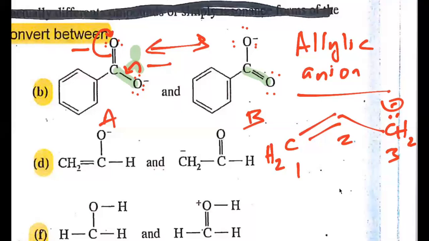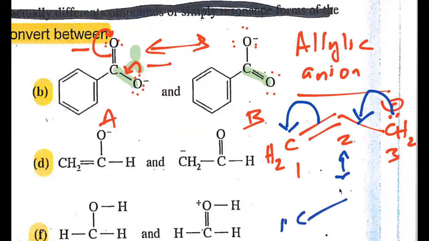You're going to take this pair of electrons and move them here. And then the pi bond, you're going to shift that down to carbon number 1. So this is what the resonance form is going to look like. That's negative, and then the double bond is going to be here now.